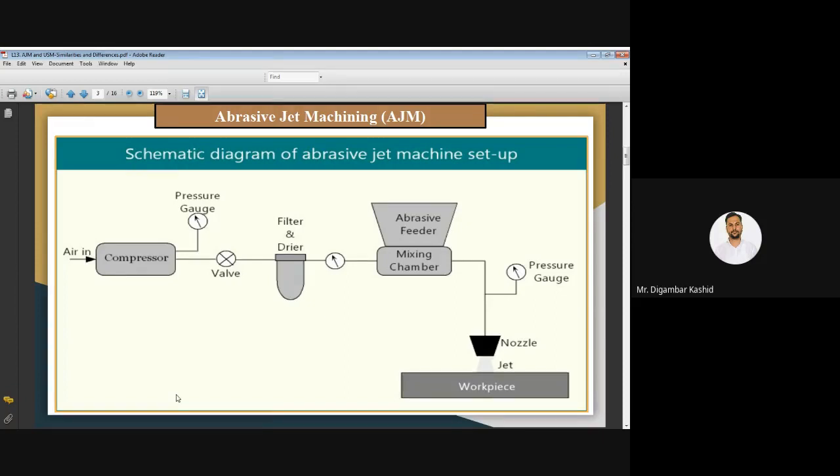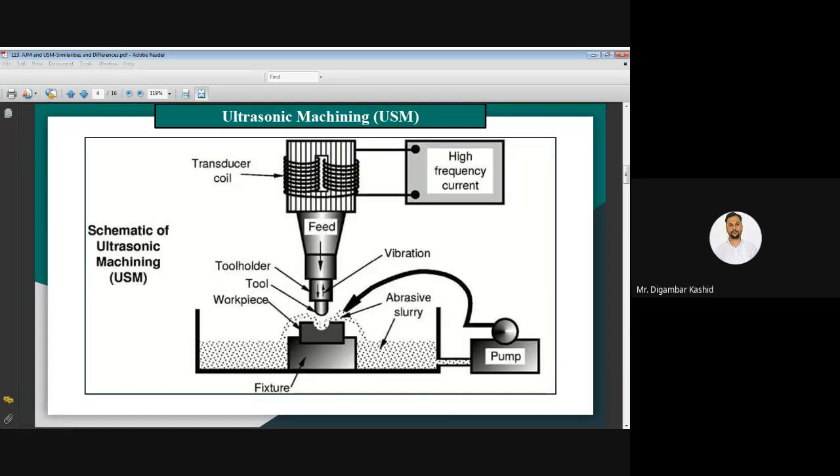Now let us come to the ultrasonic machining. Now this ultrasonic machining, again, is a mechanical energy based process. Here in ultrasonic machining, there is abrasive slurry, which you can see I have shown with an arrow.